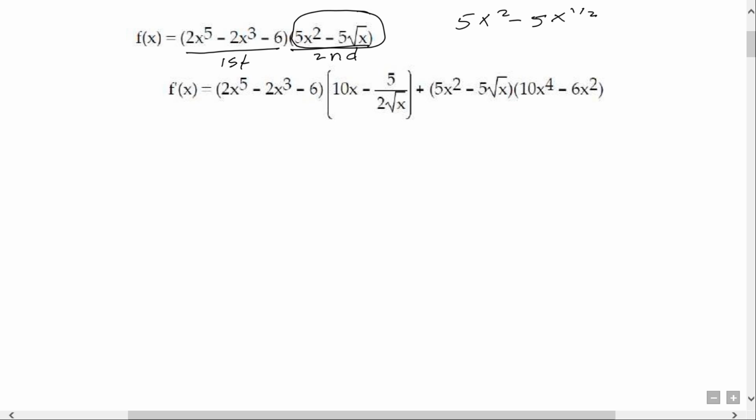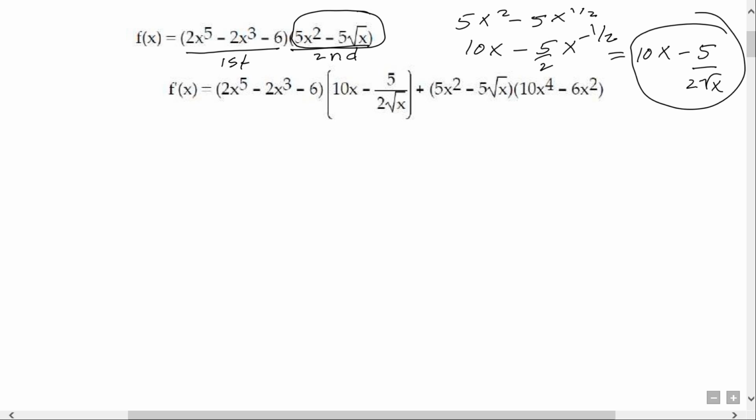And its derivative would be 10x minus 5/2 x to the minus 1/2, which would be 10x minus 5 over 2 square roots of x.